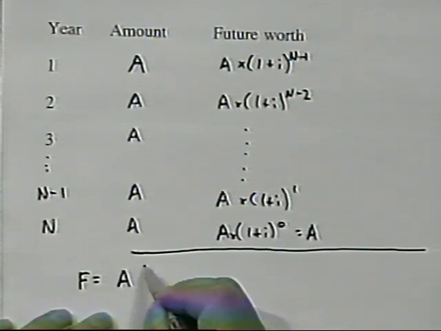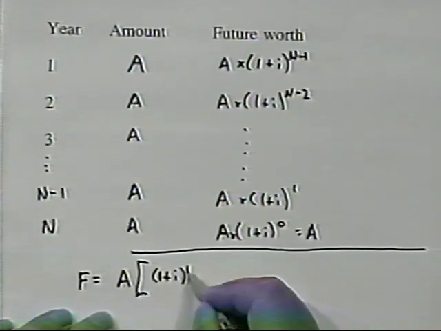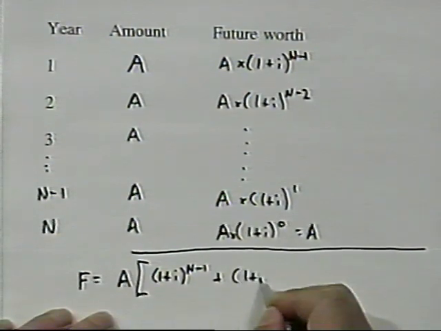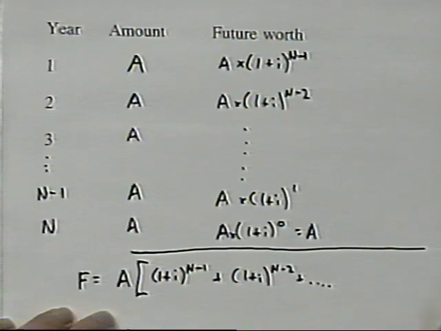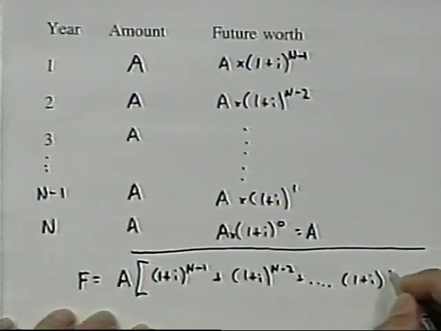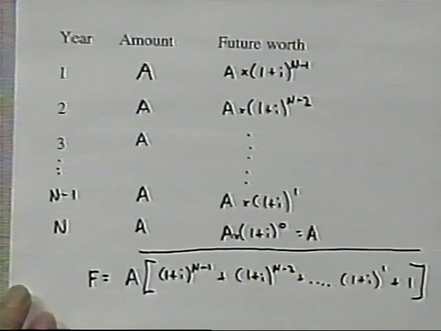We can pull out the A, and we get 1 plus I to the capital N minus 1 plus 1 plus I to the capital N minus 2, and we can go plus dot dot dot, 1 plus I to the 1, plus 1. Rather long expression there.